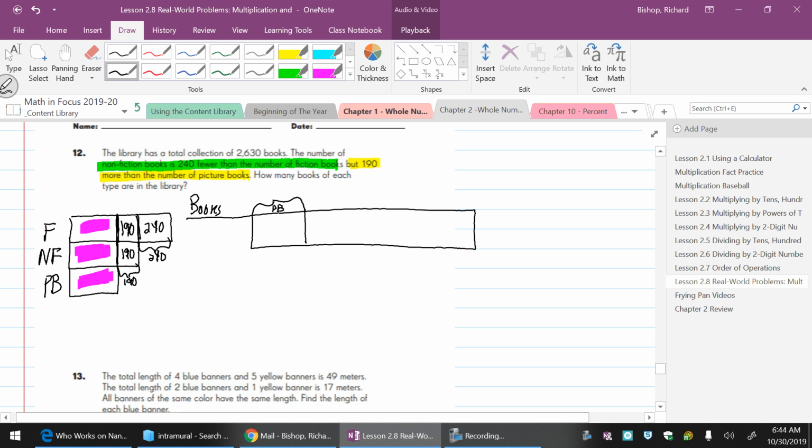But then I have nonfiction, which is a little bit more. Nonfiction has that same space plus another 190. Right? So let's look at how that works there.